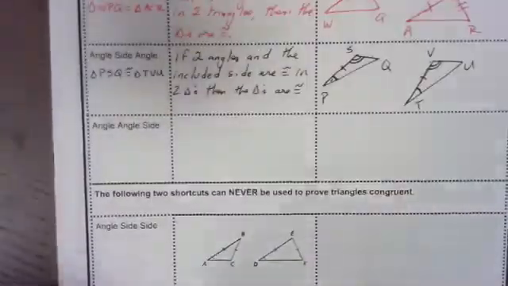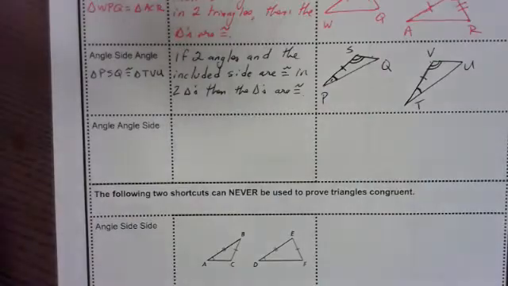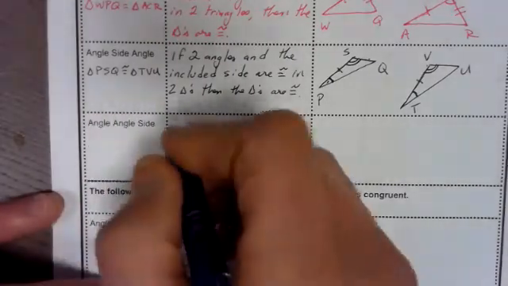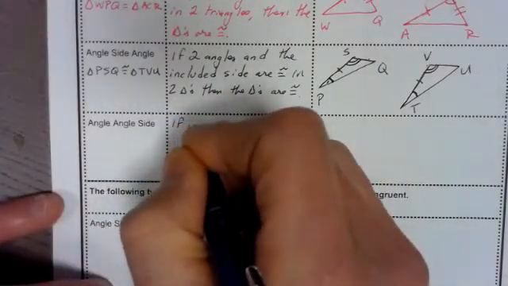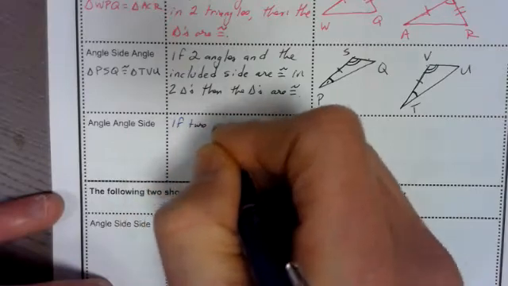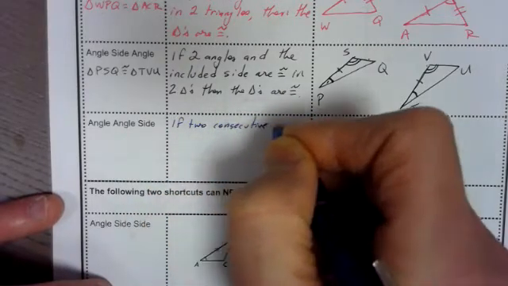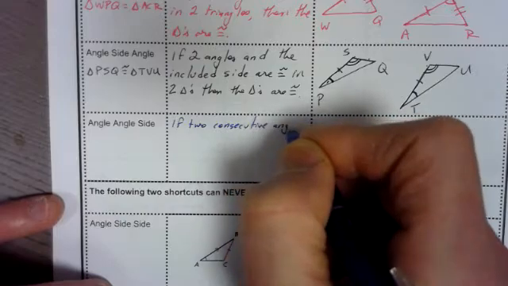And our last one, angle, angle, side. So this is one, just pay attention to this last one. We're almost done taking notes for the day. Angle, angle, side. So if two angles, sorry, I misplaced the word consecutive.